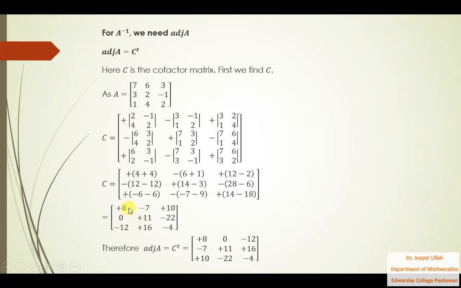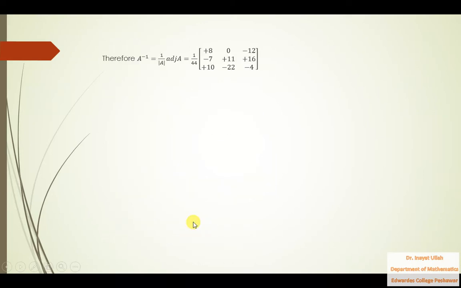It means that the first row will be interchanged with the first column, so 8 minus 7 10 will be in the first column, and 0 11 minus 22 will be in the second column, and the third row will be in the third column. So this is the transpose of C. That's how we find the adjoint of A: we first find the cofactor matrix and then take the transpose of that matrix to get the adjoint of A. So that is the adjoint of A.